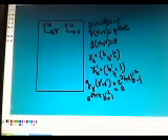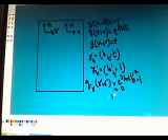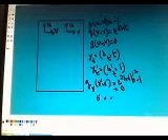And that in turn means that b prime squared is equal to 1 over e to the 2ht, or in other words, e to the minus 2ht.